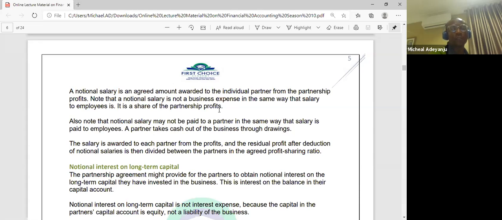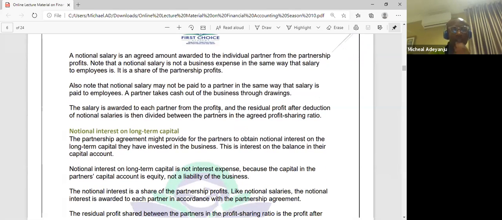Now note, it is from the partnership profits. It is not before the partnership profits. It is after they have profit for the year that a notional salary can actually be paid. So that is notional salary.